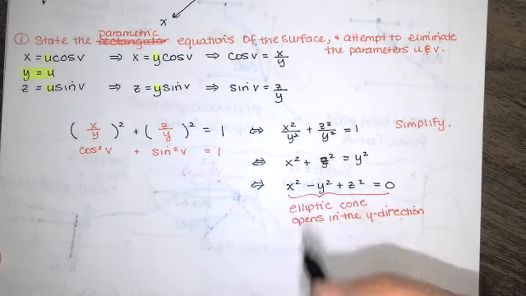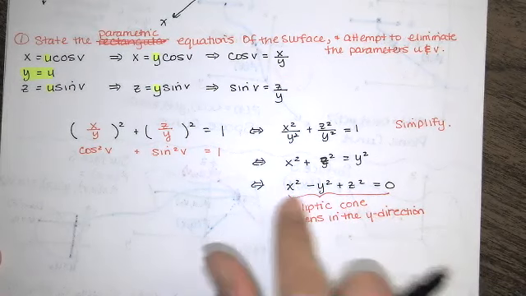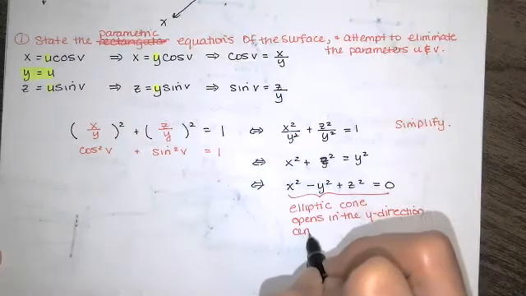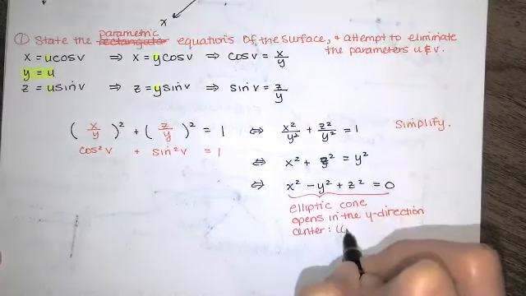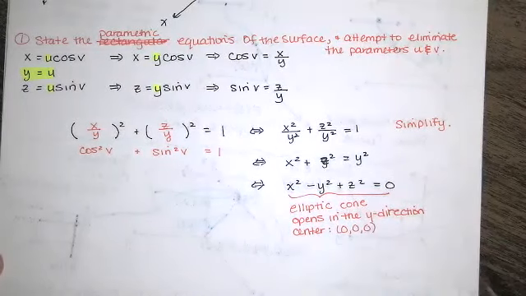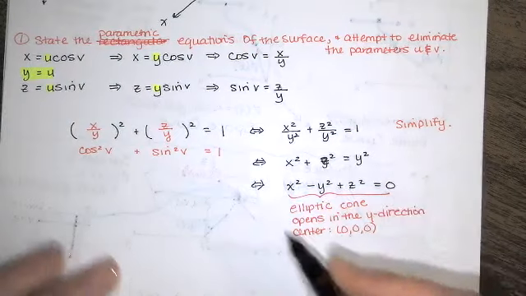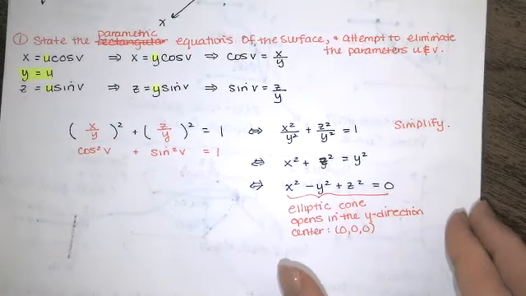And that point in the very middle of the cone is at 0, 0, 0. We've been calling that the center. Okay, so that is enough to graph our surface.